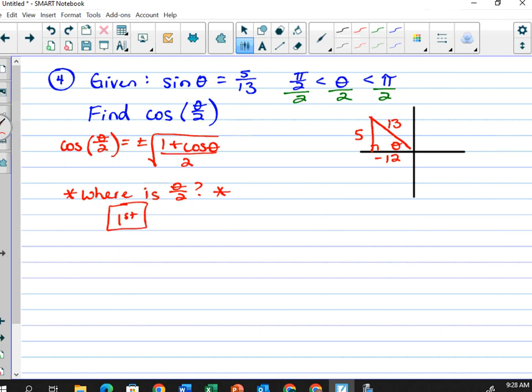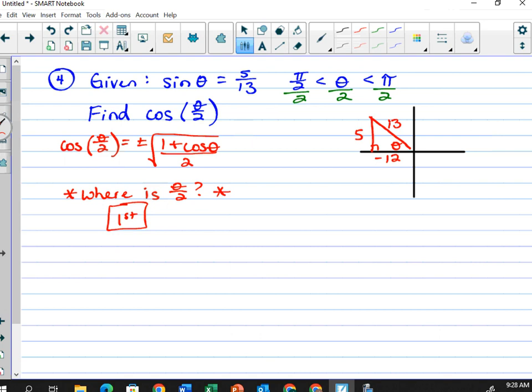Another way you could think about it: theta's originally in the second quadrant, so pick any angle in the second quadrant, like 100 degrees. Divided by 2 is 50, so theta over 2 is in the first quadrant.